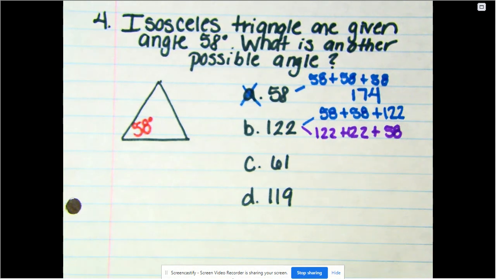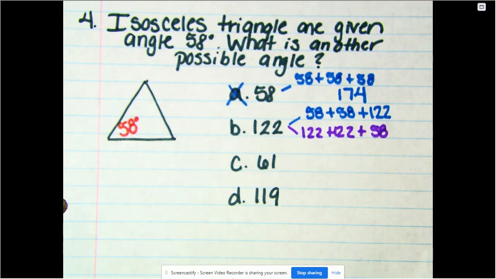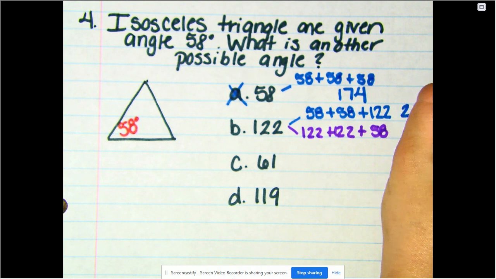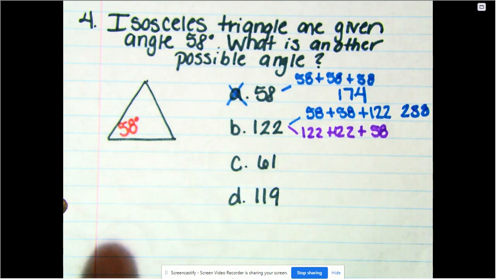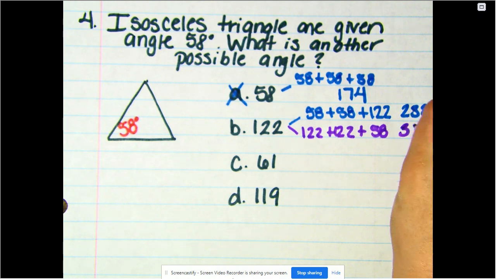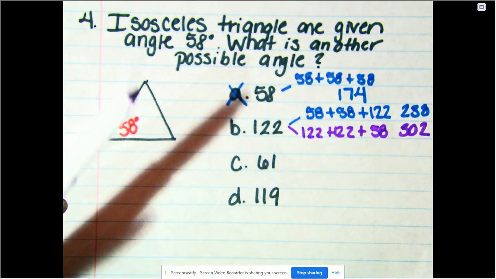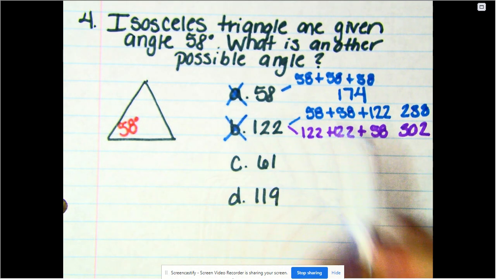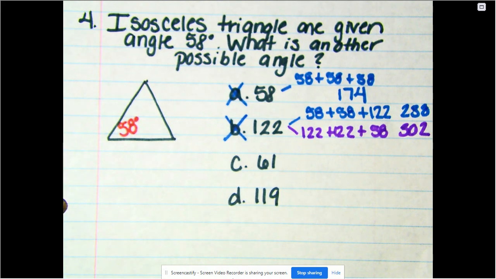So let's see if either of those options work. 58 plus 122 comes out to be 238. 122 plus 122 plus 58 comes out to be 302. So way over 180. Remember, that's the total degrees in the triangle. So cannot be B.